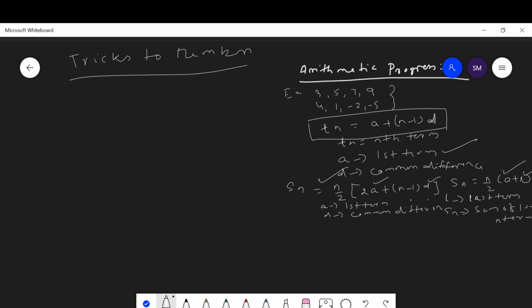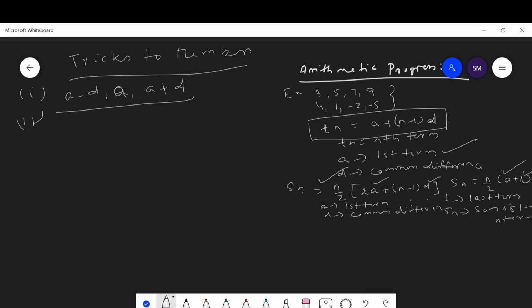First trick: if there are 3 terms of an AP, assume them as a minus d, a, and a plus d. If you are asked to assume any 3 terms of an AP, you must consider them like this. Then it will be easier for you to solve.